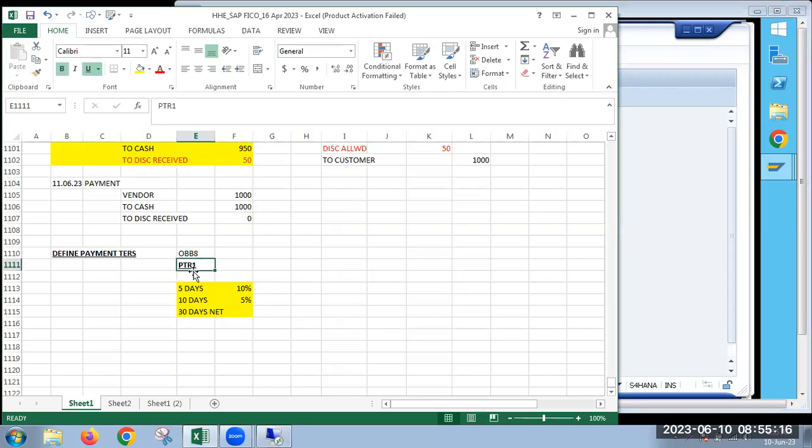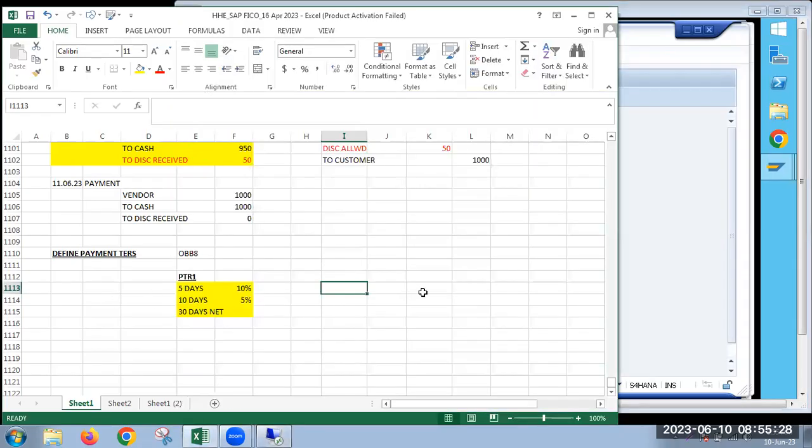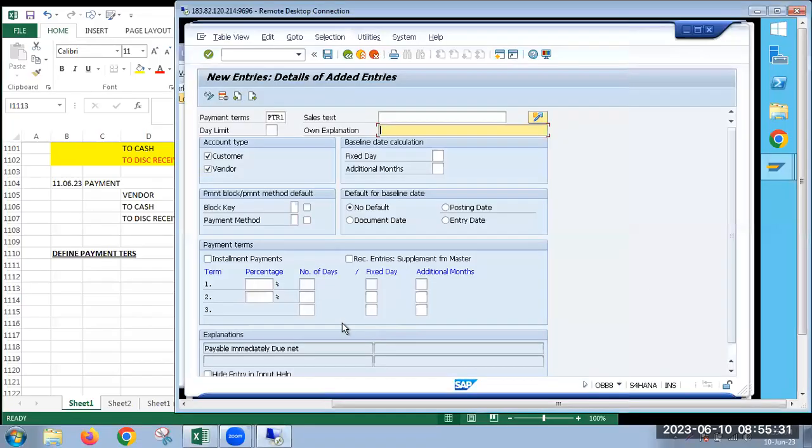So this way, we will create this term first. Let's go for PTR1. New entries. Let's say PTR1 for term. Let this one be 10% for the first 5 days, 5% for the next 5 days, and 20 days again without any rate, but still not due.